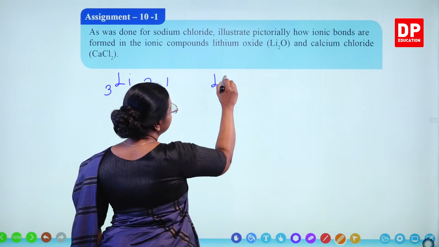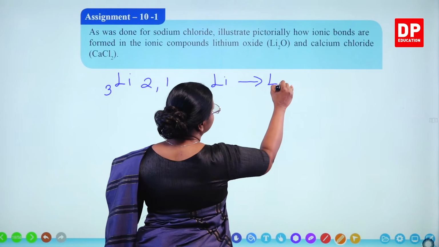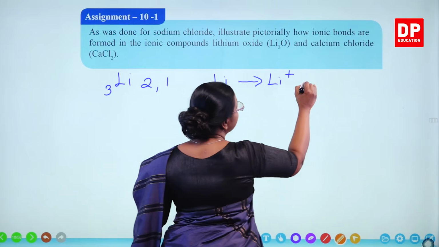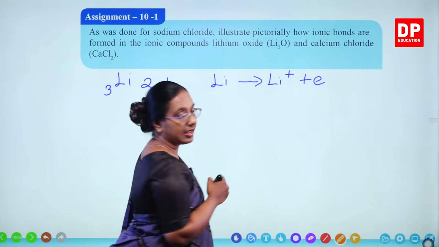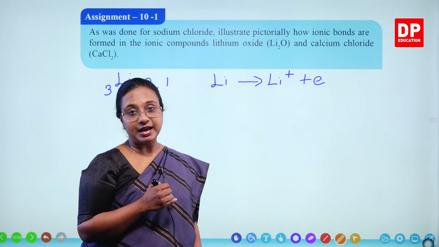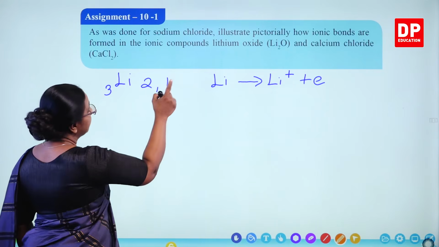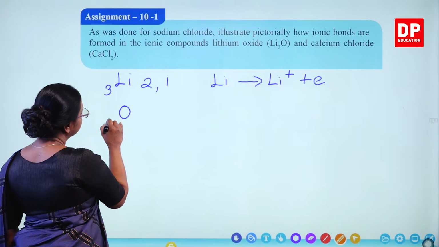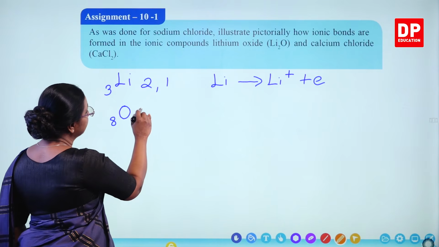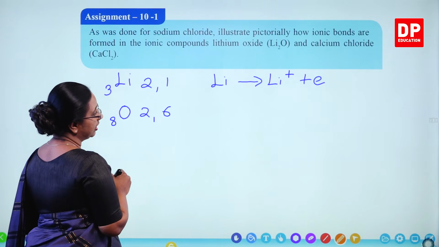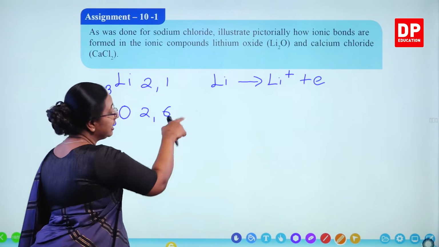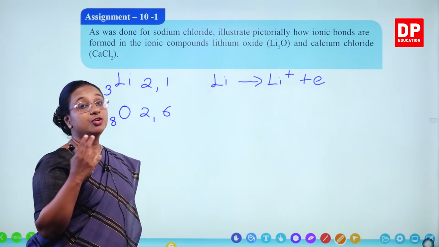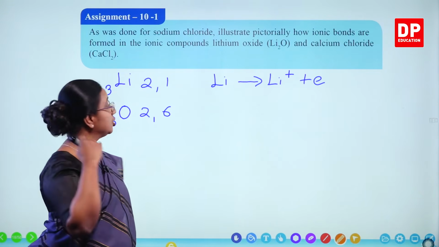Therefore lithium loses an electron and forms the Li plus ion, lithium ion. At the same time, for lithium oxide we need oxygen, atomic number 8, and 2, 6 is the electronic configuration. This needs 2 electrons. You know the valency of oxygen is 2.